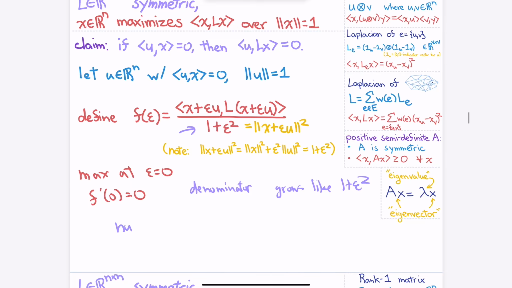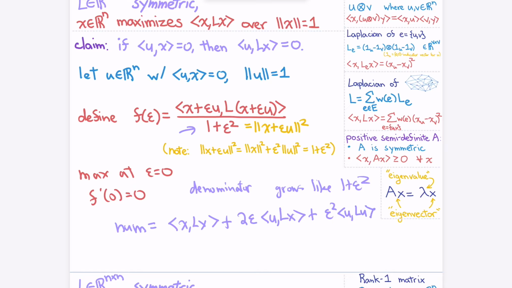The numerator, I'm going to give a slightly sketchy proof, is x l x plus 2 epsilon u l x, plus epsilon squared u l u.